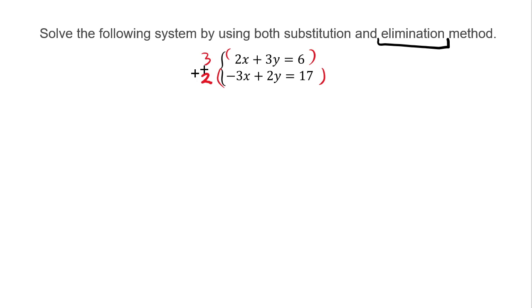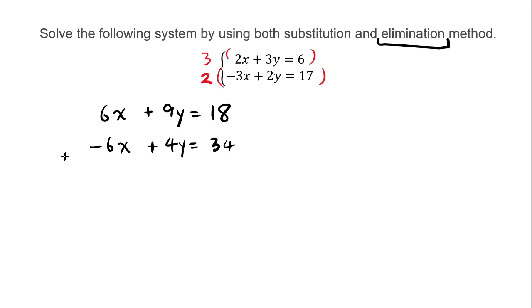Okay, so 3 times 2x is 6x, 3 times 3y is 9y, 3 times 6 is 18, 2 times negative 3x is negative 6x, 2 times 2y is 4y, 2 times 17 is 34. And then, because one is positive and the other is negative, we want to add them. If these were both positive or both negative, then in that case we should subtract them, okay?